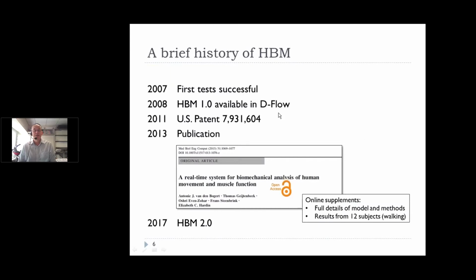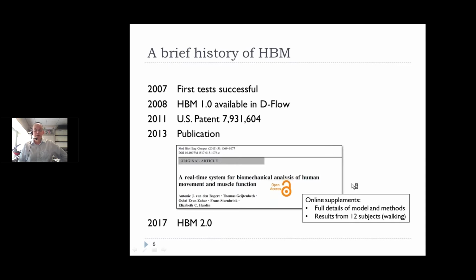So the history is that in 2007 was when we were first successful in making this work. It was available to customers in 2008 in the D-Flow environment, which I will talk about later. There was a patent in 2011, and in 2013 we published a technical paper, which you should look up if you're interested in more of the technical details.